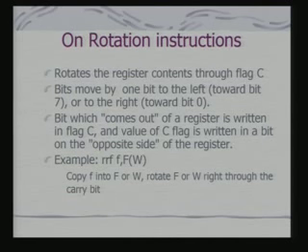So, this is an example of a rotation instruction that we have shown here. In this case you are copying F into F or W and rotating F or W right through the carry bit. Now, F is a register file itself and W is the working register. So, this is how we implement the rotation instructions.